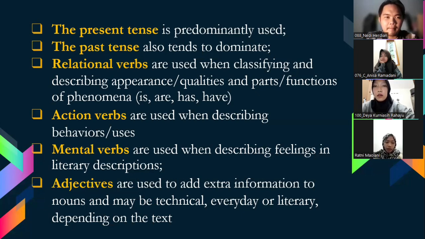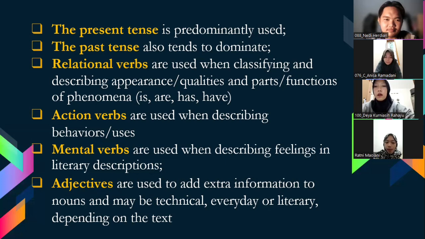Number three, relational verbs are used when classifying and describing a person or the qualities and parts or functions of phenomena: are, has, and have. Number four, action verbs are used when describing behaviors or uses.